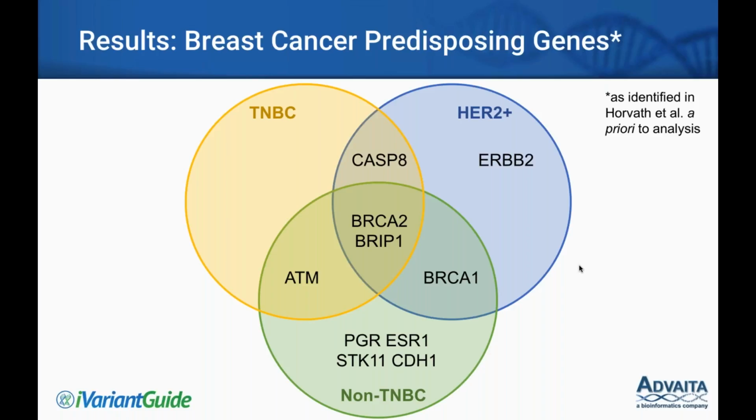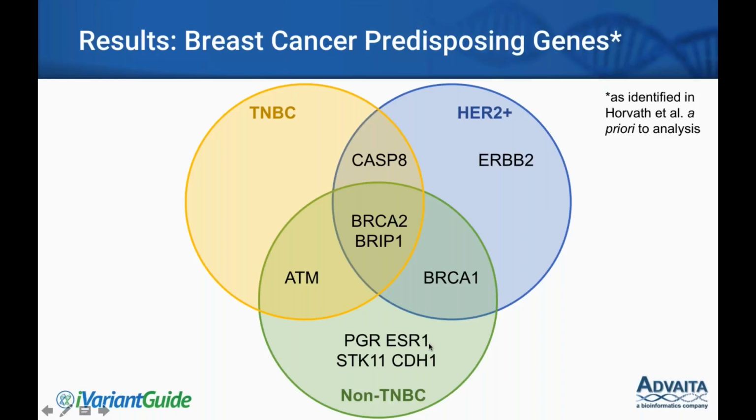And what we find, which is comforting, is that the only subtype variants that are occurring in ERBB2, which is HER2, happen to be HER2 subtype variants. So there are no triple negative subtype variants that affect ERBB2. There are no non-TNBC subtype variants that affect ERBB2.